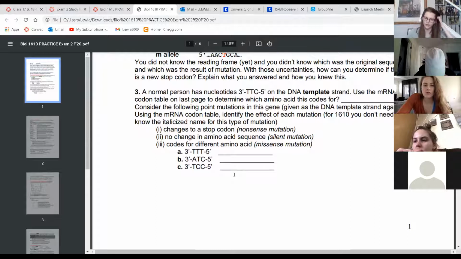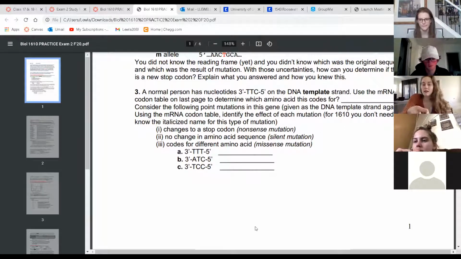What did you guys do on that one? I haven't done the practice exam yet. This is my first time looking at it. I may have done that wrong because I'm still getting so confused with where the 3' and 5' end goes.